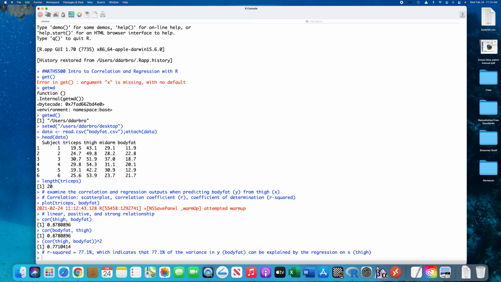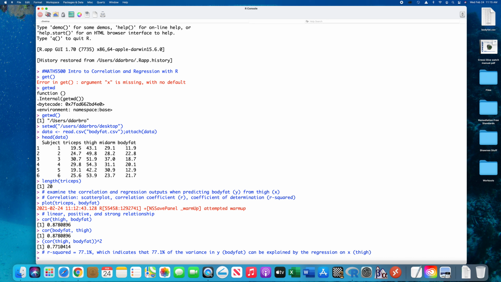So again, in statistics, in regression, we're always trying to explain variation, right? Why do things vary? Why do some people have higher body fats than others? How are we explaining the variance there? By fitting the regression model, predicting body fat by thigh, we find that 77.1% of the variance can be explained.